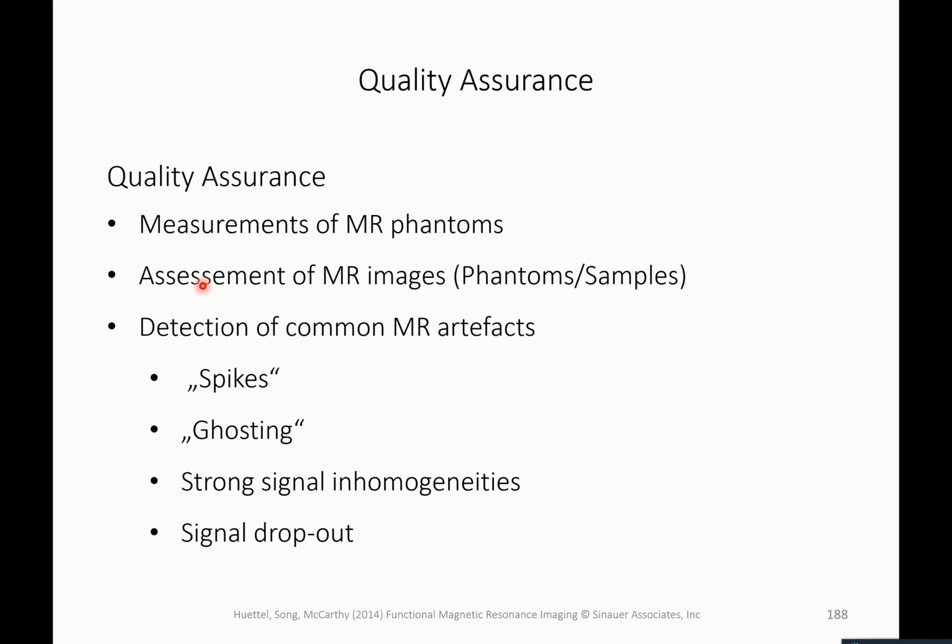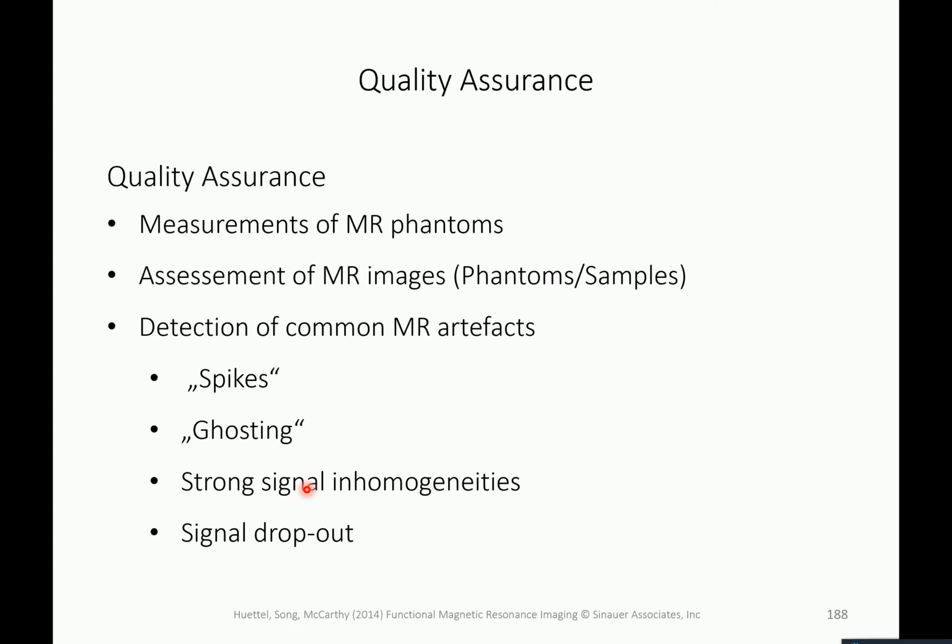These four artifacts, spikes, ghosting, inhomogeneities, and signal dropout, you should be able to detect on images. Essentially what it means for you is if you see spikes and ghosting, talk to the radiographer and or your thesis advisors and say the scanner is not working correctly. Inhomogeneities, hopefully you won't have them.